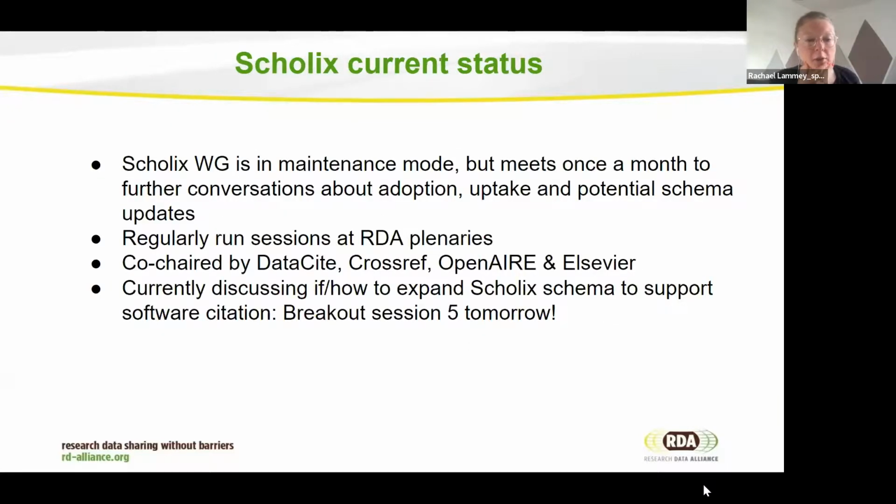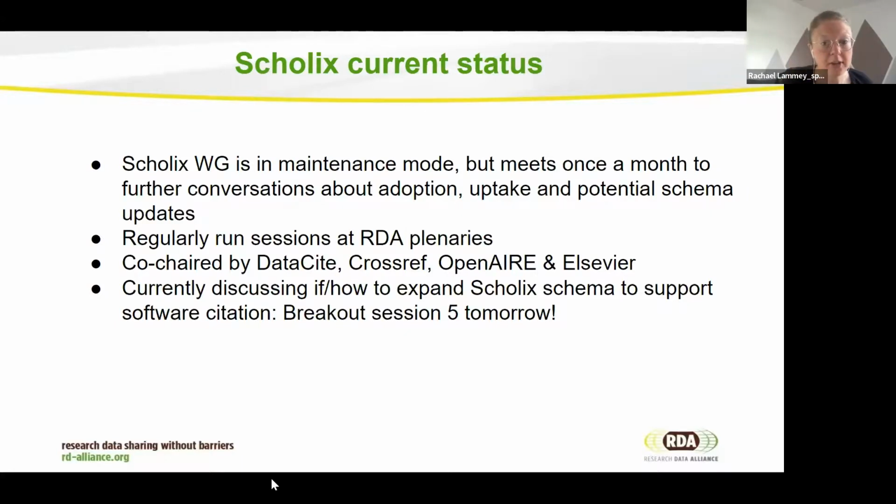I thought it was worth giving a really quick update on Scholix before I jump into how we would see this relating to data availability statements. The group is in maintenance mode, but we still meet regularly, and it's co-chaired by DataCite, Crossref, OpenAIRE, and Elsevier.